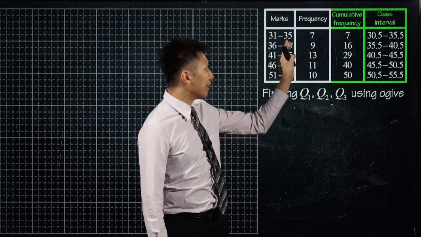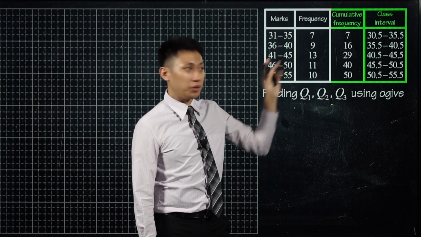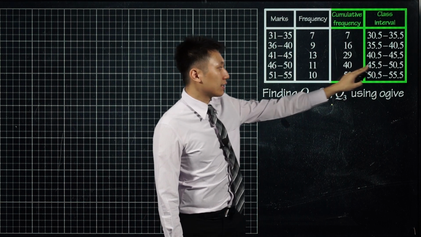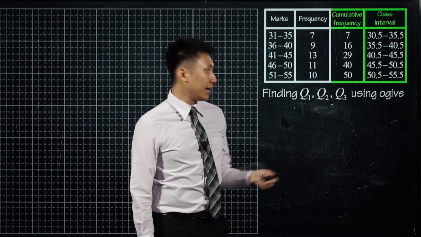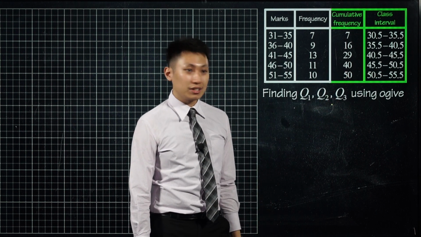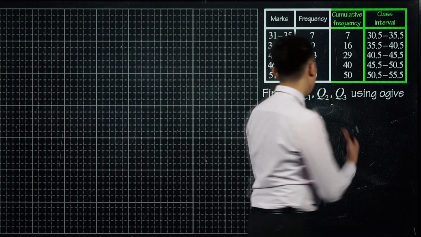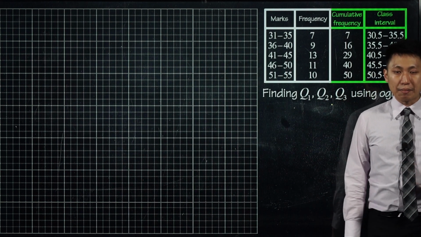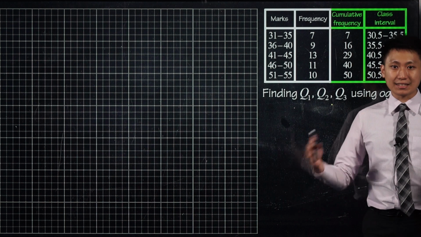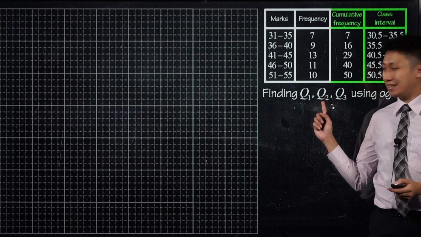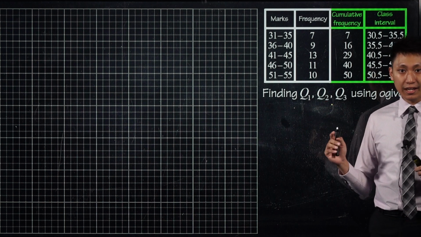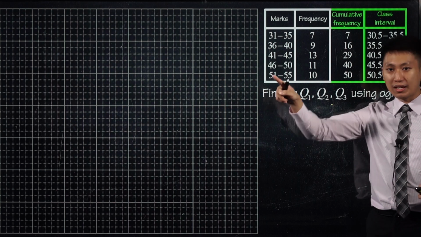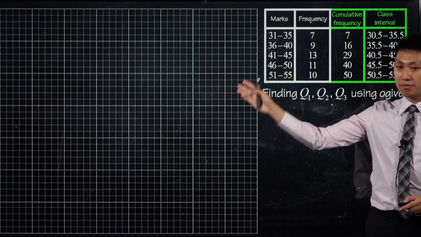Just now we did the same question and we constructed these two columns, so I put them here. Using ogive, if you want to find Q1, Q2, Q3, remember what we did last time? We talked about median. Q2 means median. So we take n divided by 2, then draw a line and search it back.